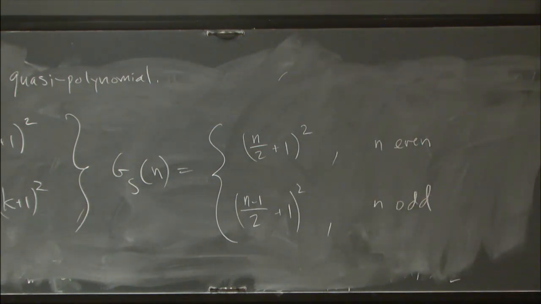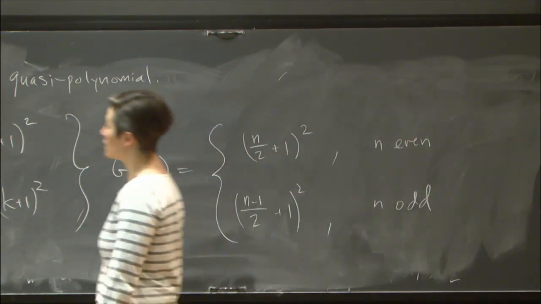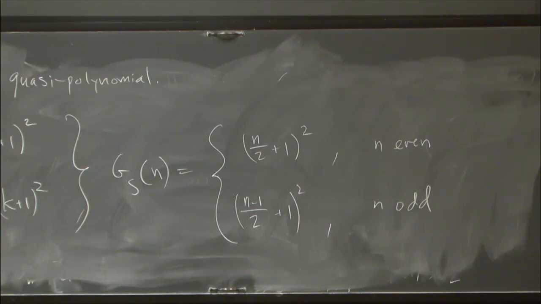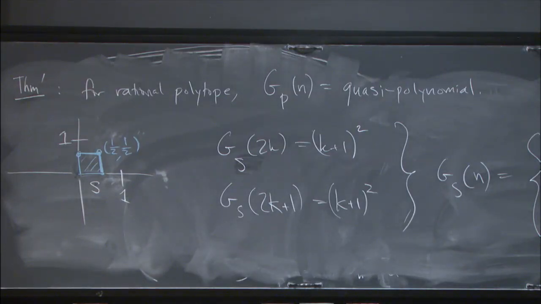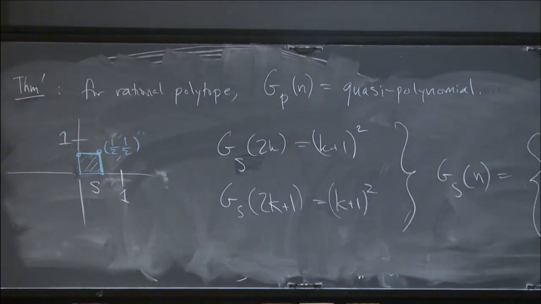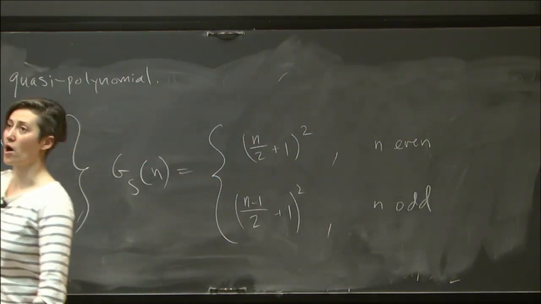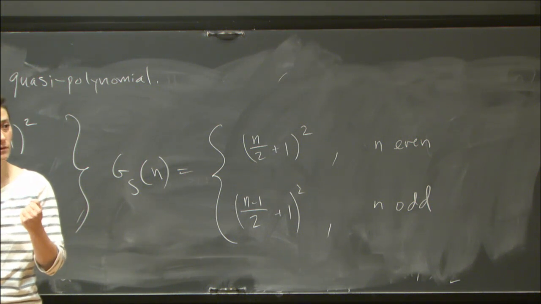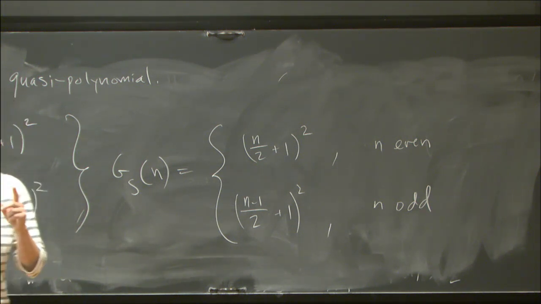So it's a quasi-polynomial. Any questions? They come up everywhere. But what this tells us is that, in fact, enumeration in rational polytopes is in the rational growth class. And that is useful.